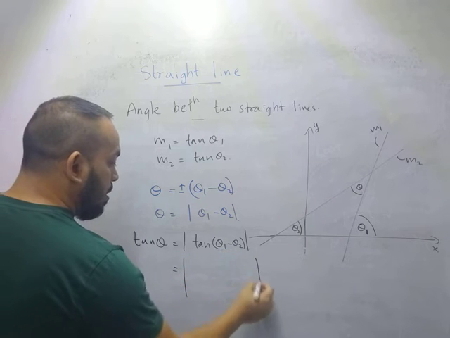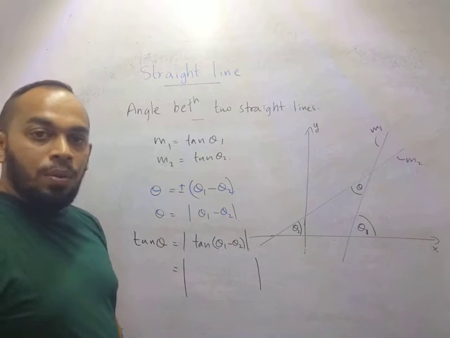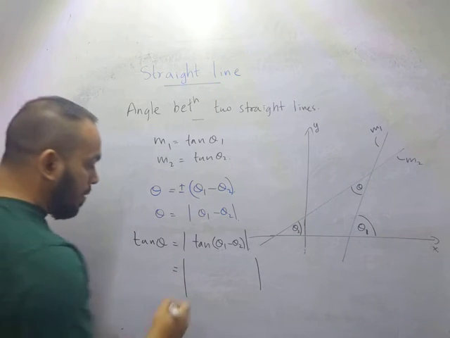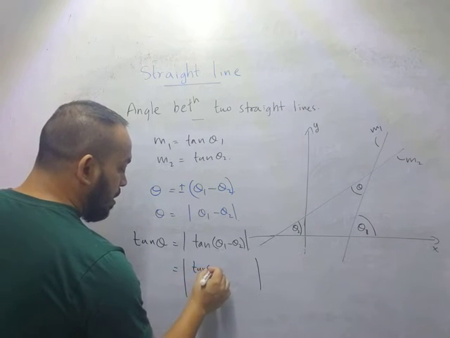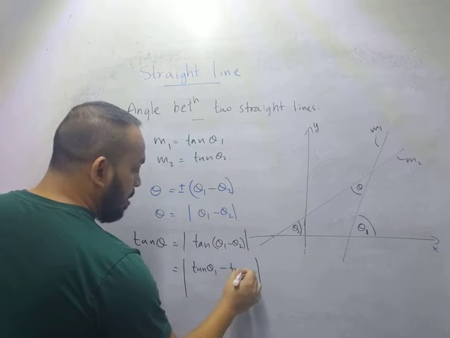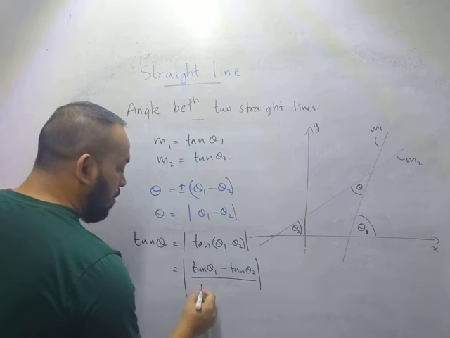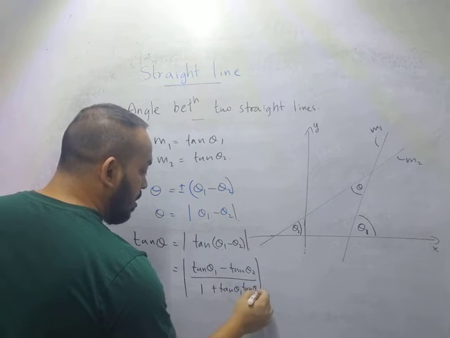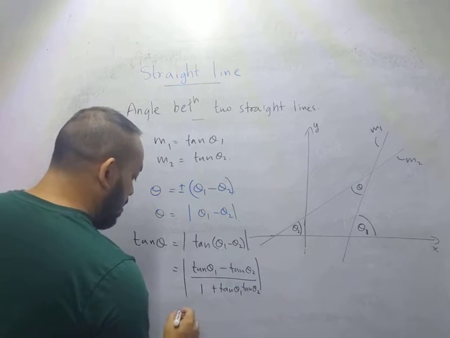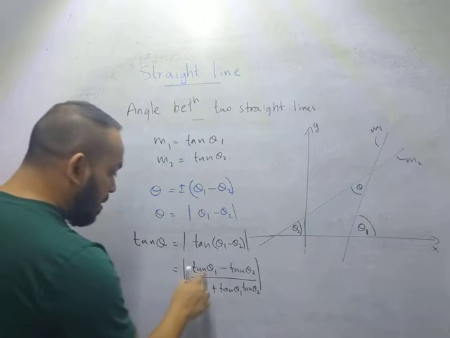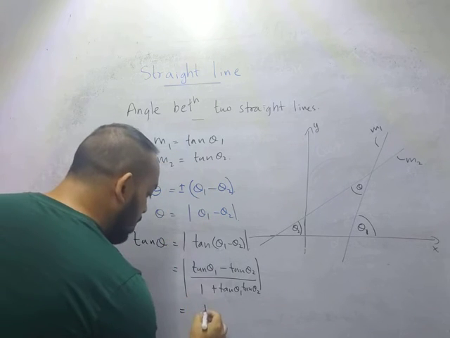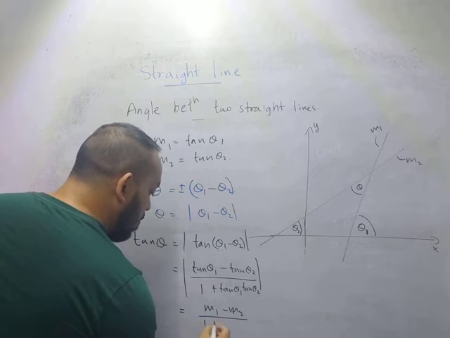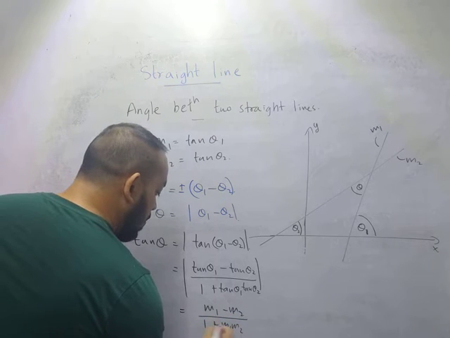From trigonometry, this is the compound formula for tan: tan theta 1 minus tan theta 2 divided by 1 plus tan theta 1 tan theta 2. Tan theta 1 is m1, so this is m1 minus m2 divided by 1 plus m1 m2.